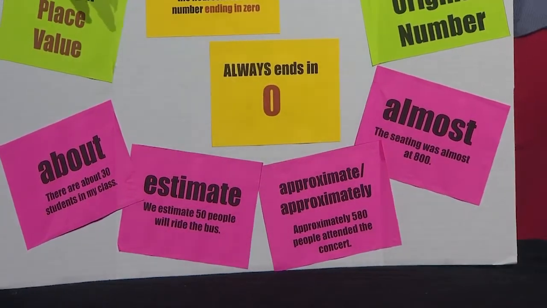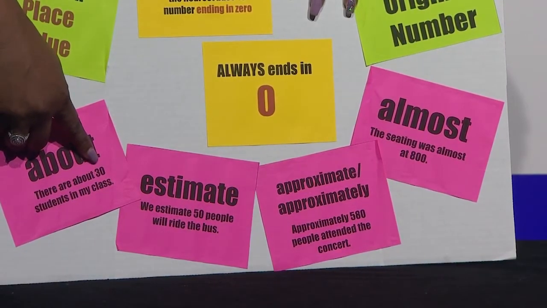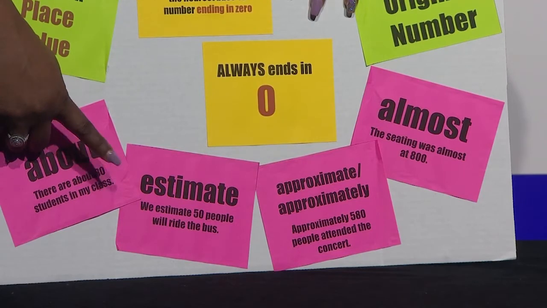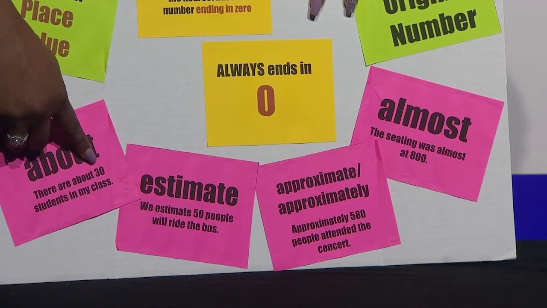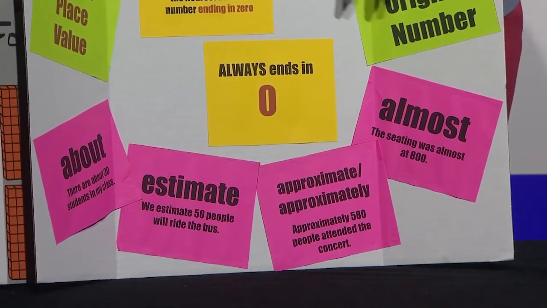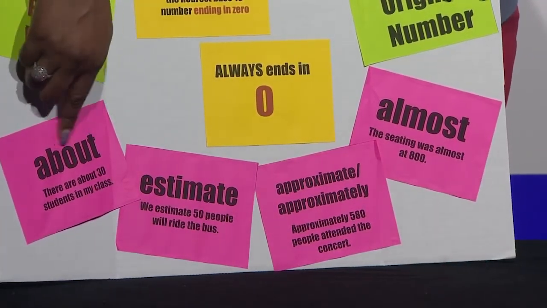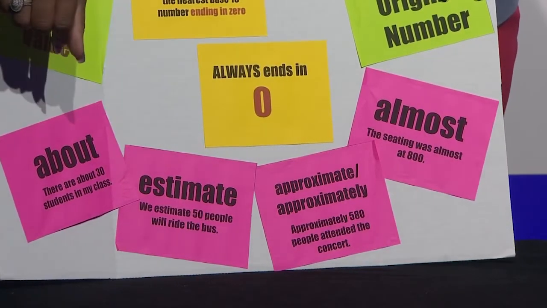Look at my number. What does it end in? 0. Good. That tells me that I'm rounding. So did I say round? No. But the word about says that I'm almost there.